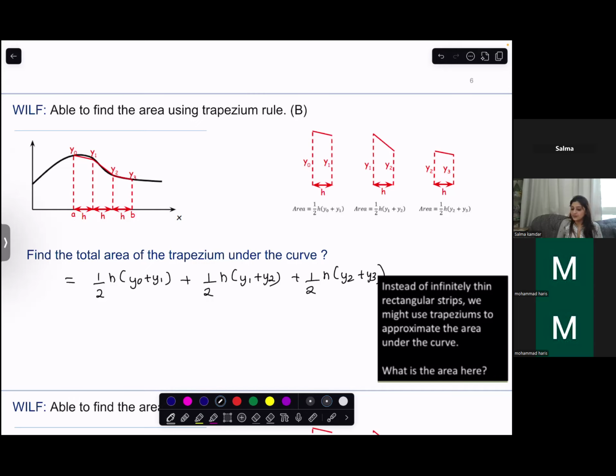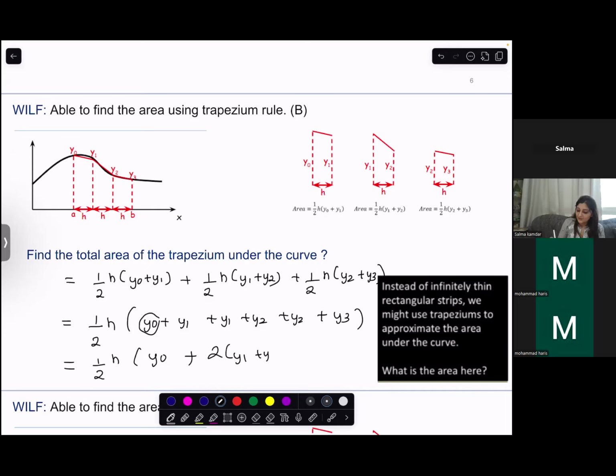Yes. What is common? Half height. Then in the bracket, I have y0 plus y1 plus y1 plus y2 plus y2 plus y3. So this is going to be half height. If you see, this is your y0, and you have 2 times y1 plus y2.